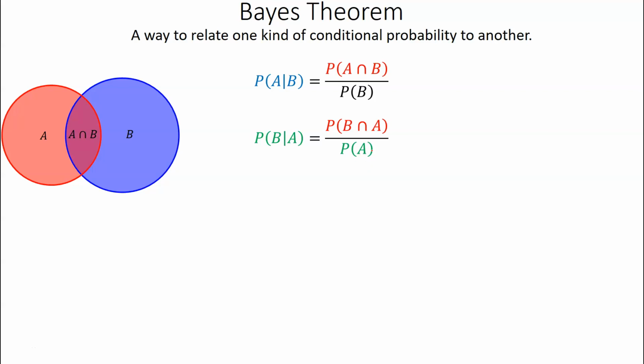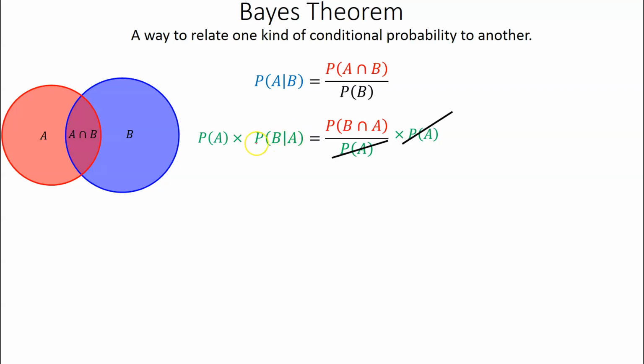I'm going to do a little algebra here, a little derivation. I'm going to multiply both sides by the probability of event A, which of course then I can cancel these out. And I end up with the probability of the intersection being the probability of event A times the probability of B given A.